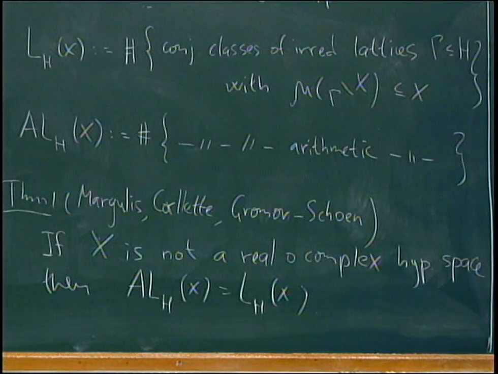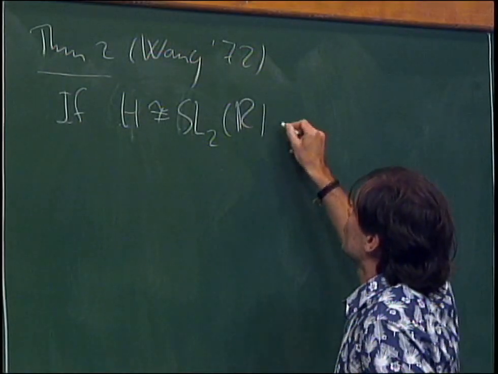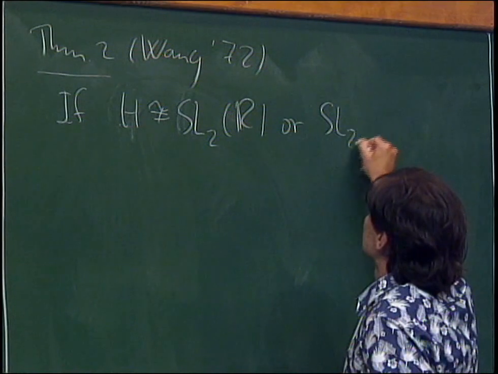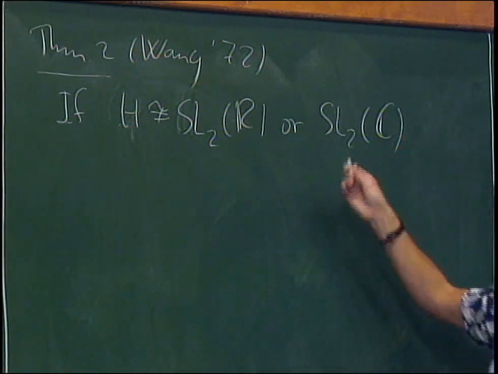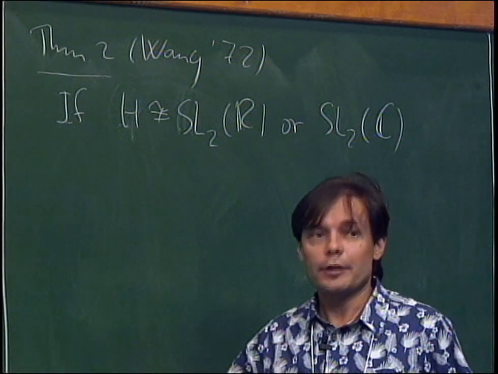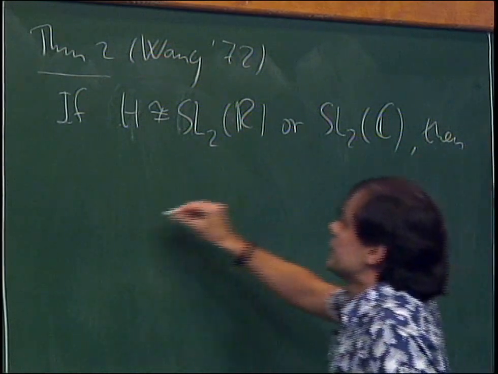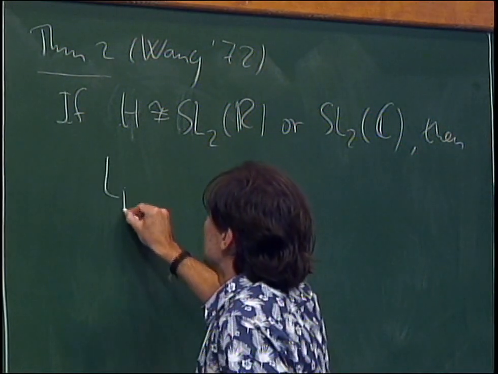This was proved later. It says that if the group is not locally isomorphic to SL2R or SL2C, so in other words, if the space is different from 2 or 3-dimensional real hyperbolic space, then the number of lattices is finite.